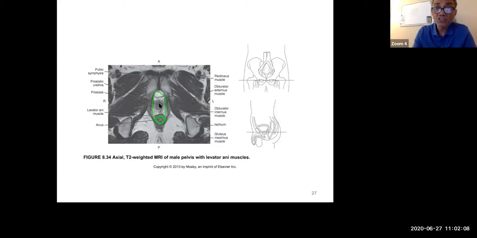Now you're going to use those as landmarks. If you go toward this side, right and left respectively, the first muscle you will see is obturator internus. You go more toward the outside, the obturator externus. The start of the pectineus muscle, which belongs to your lower extremity, and you do not need to worry about it for now.